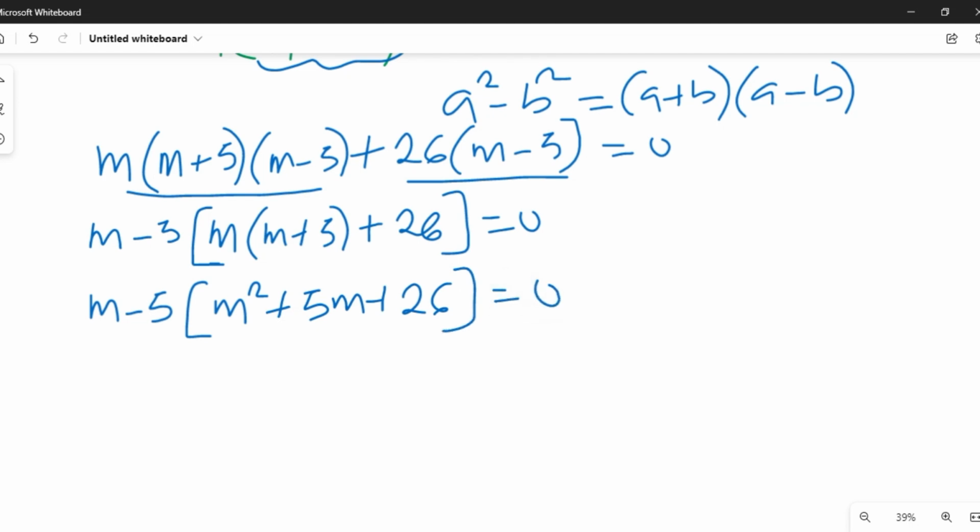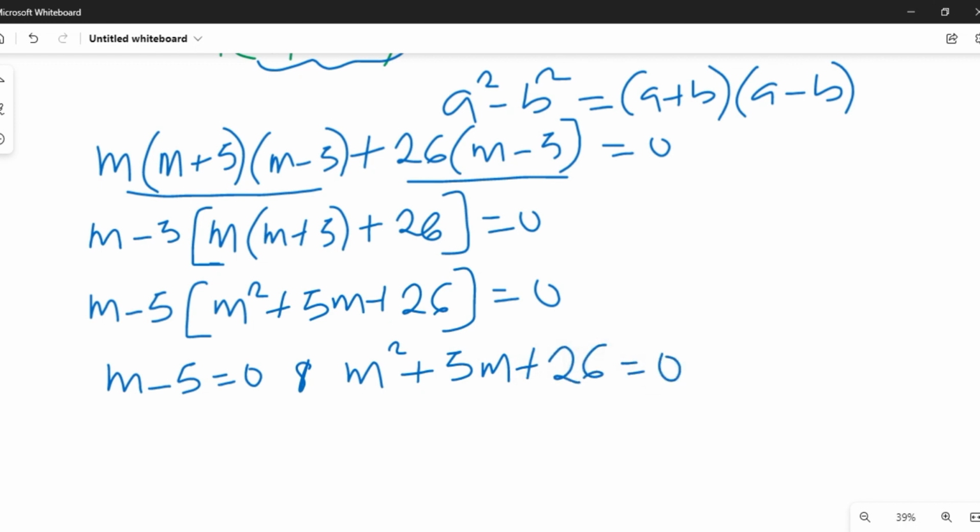So we'll have two definite equations, m minus 5 equal to 0 and m square plus 5m plus 26 equal to 0. So from here we can see that our m is equal to 5, and our m square plus 5m plus 26 is equal to 0.